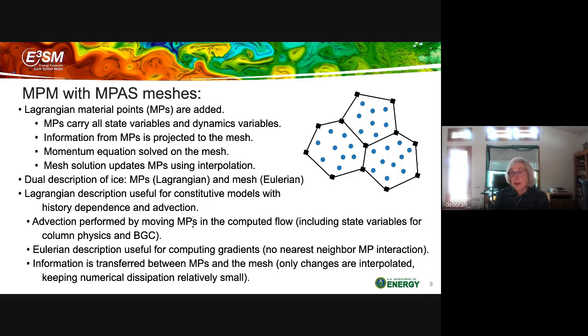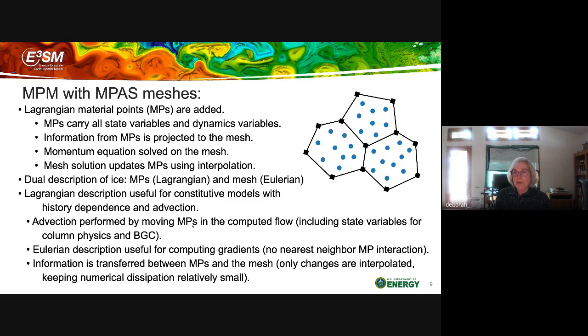On the other hand, the Eulerian description is useful for calculating gradients, because if we just had the material points, we need to search for nearest neighbors and somehow compute differences based on material point quantities, whereas mesh-based finite differences are standard and easy to compute.